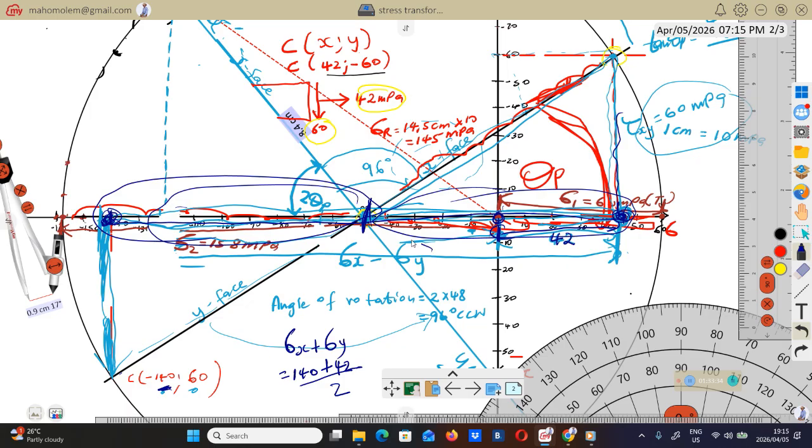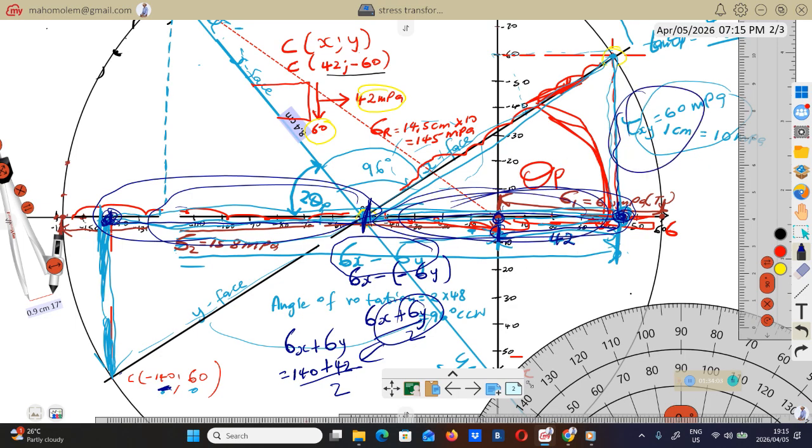Don't get surprised by the formula when you see this. Remember, it will start like this, but it will be this minus, then stress y is negative, so mathematically that leads you to this. So theta p will be this side divided by this side.